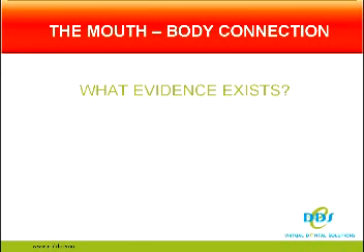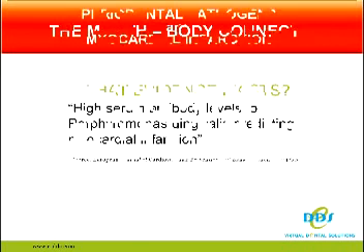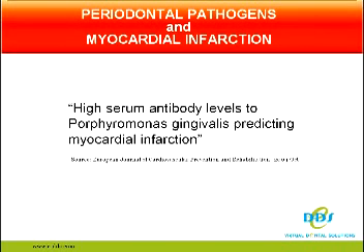Let us now review some of the research. Periodontal pathogens and myocardial infarction. This study provides serological evidence that an infection caused by the periodontal pathogen P. gingivalis increases the risk for MI.